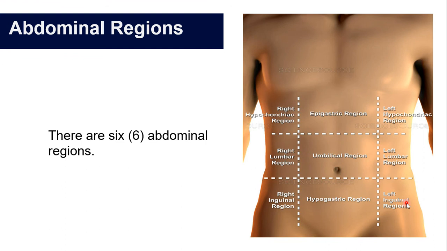They may present like a musculoskeletal pain, for example, in the left shoulder or right shoulder. But if you dig deeper into it, it's actually caused by problems in your internal organs. So these quadrants and regions are important for that specific reason.